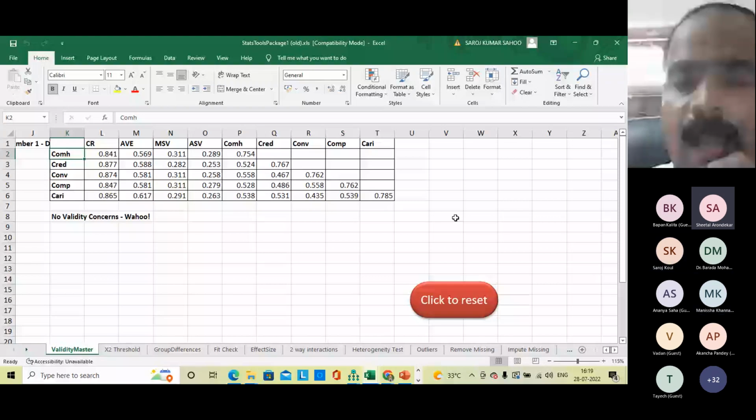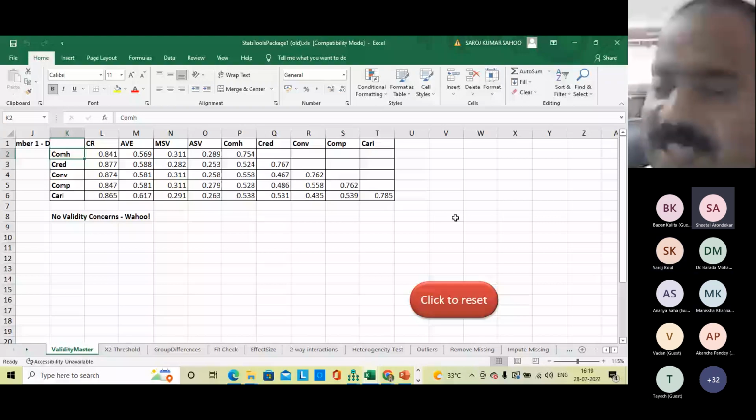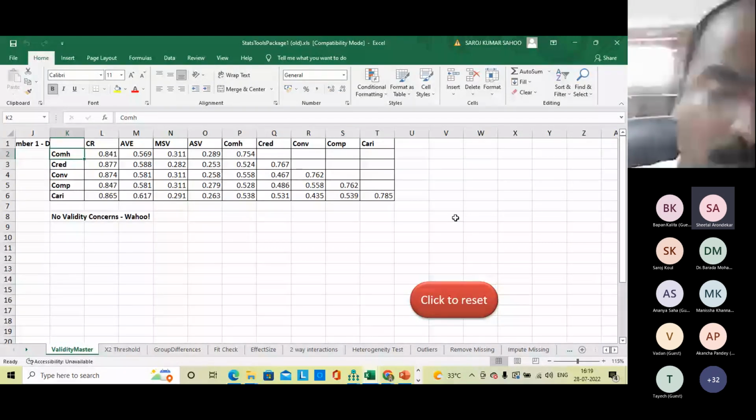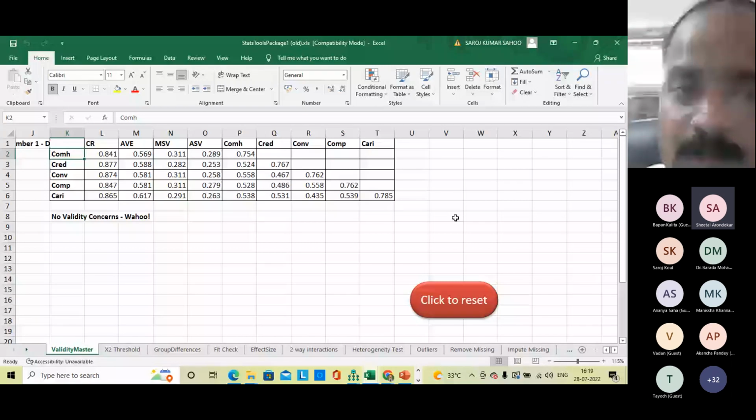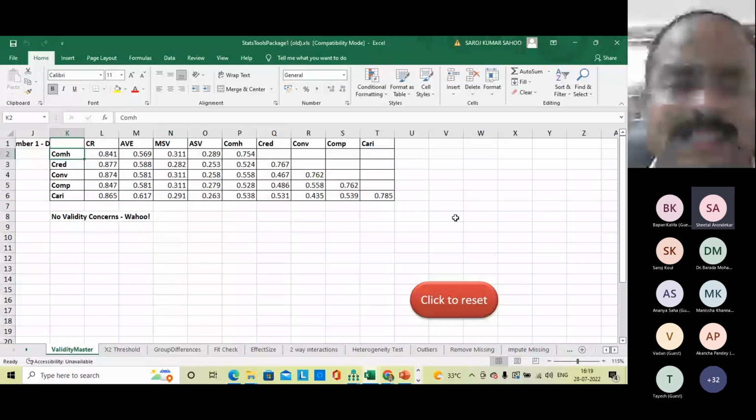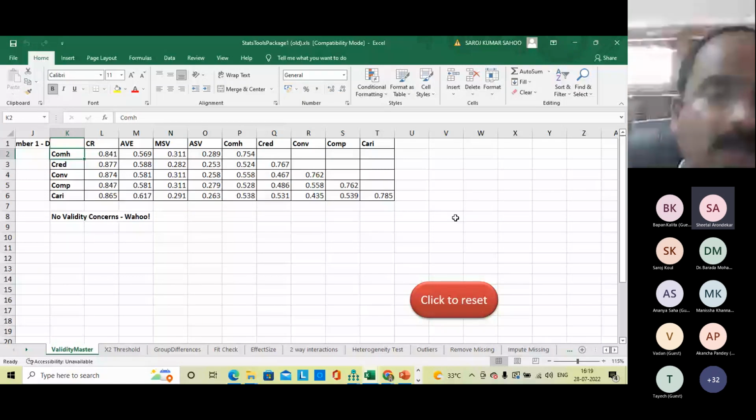There was some technical problem in my laptop yesterday, so I was unable to do it. Now that technical problem I have solved. Now you see the magic. All the things you calculated yesterday, AVE, are now coming. Look at here, AVE for the first construct. The first construct was comprehension. The second construct is credibility.